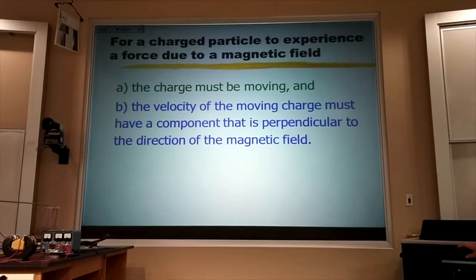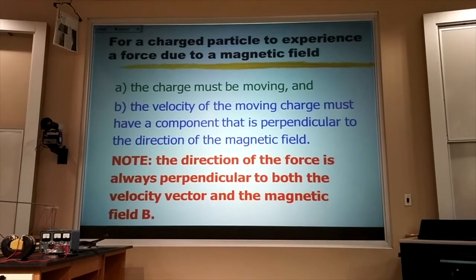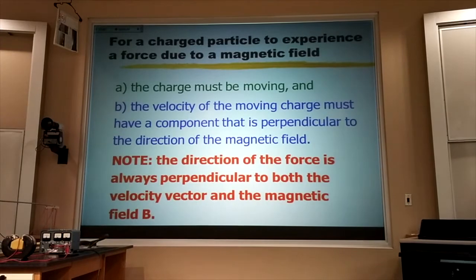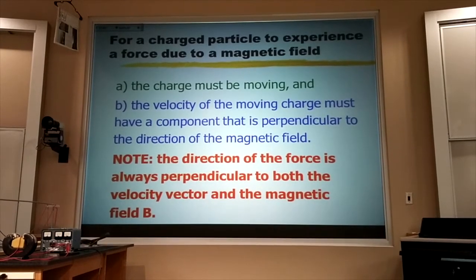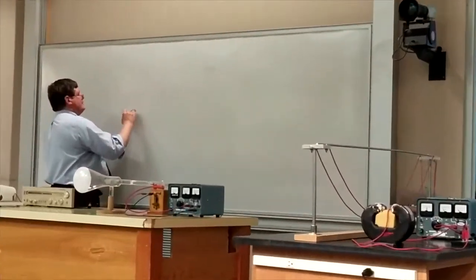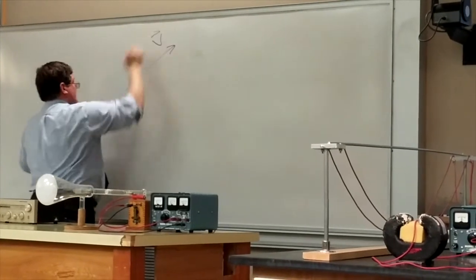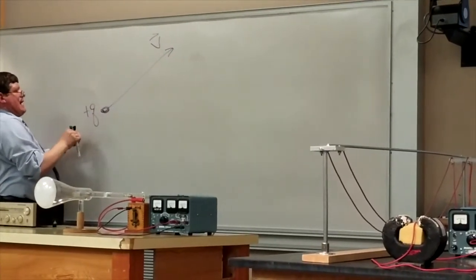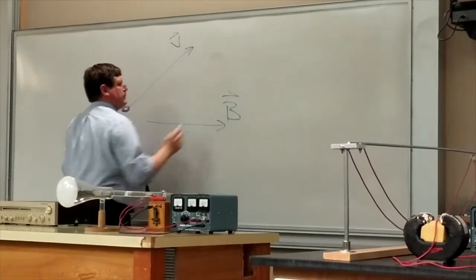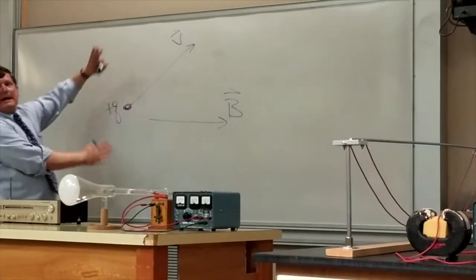Now, here's the thing. The direction of that force is going to be perpendicular to two directions: the velocity vector and the magnetic field vector. What that means is that if I can draw those two vectors on one whiteboard, if that's my velocity vector and that's my magnetic field vector, if I can draw them on the same whiteboard, they define a plane.